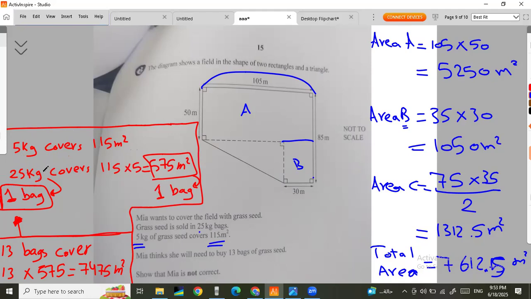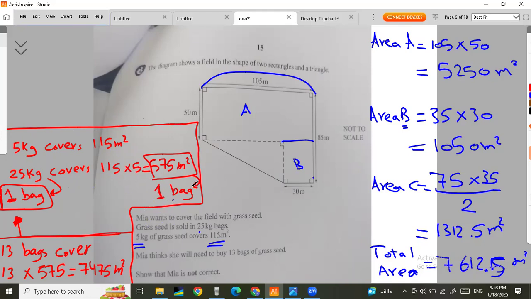So 25 kilograms will cover how much? 25 kilograms, which is the one bag, will cover how much? Like the 5 exactly, 115, but it's 5 times more because 25 is 5 times more than 5. So 115 meters squared multiplied by 5 gives me the whole bag will cover how many meters squared. So one bag covers 575 meters squared. Very good.